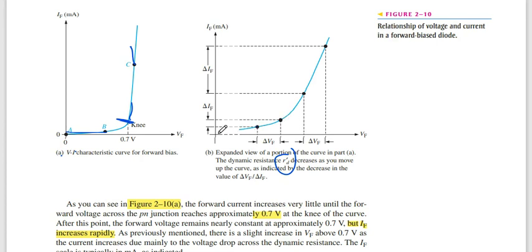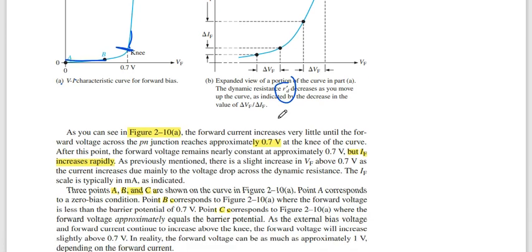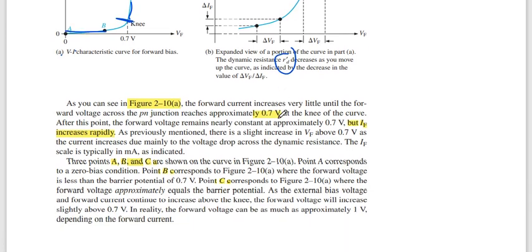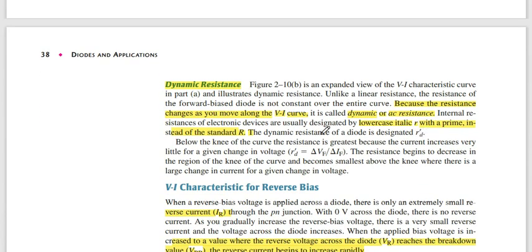Because the curve does not move in a straight line, it is a curve. So the dynamic resistance is in the diode, and it can decrease the voltage somehow, and this is also mentioned there.